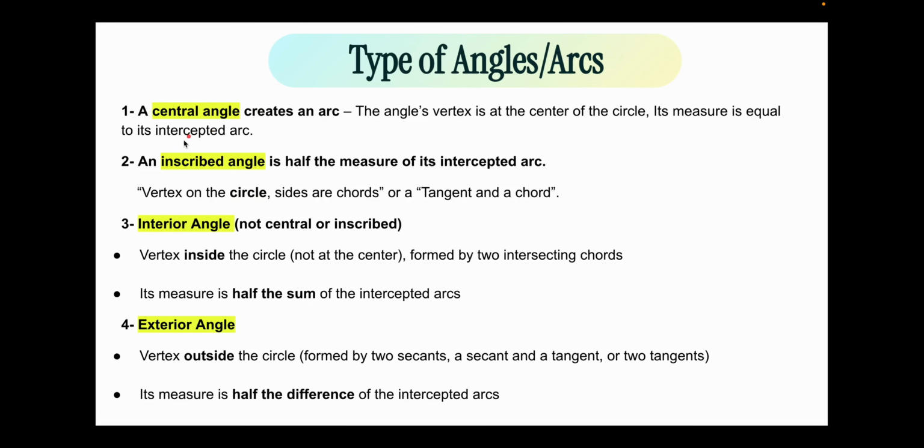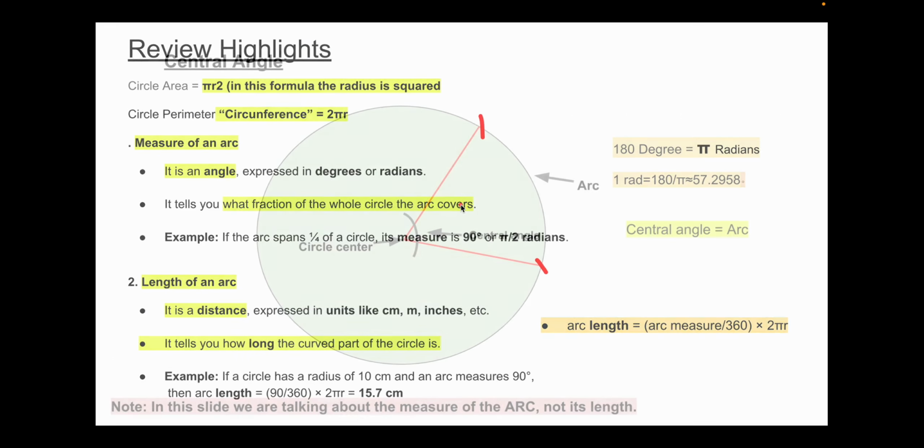Let's look at the second type of angle. An inscribed angle is half the measure of its intercepted arc. The vertex is on the circle, on the circumference of the circle. Sides are chords or a tangent and a chord.